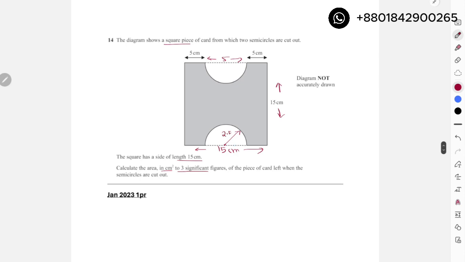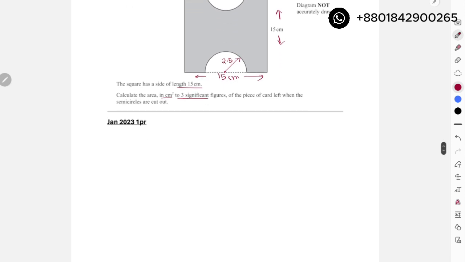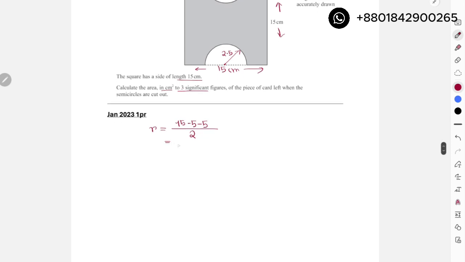So I can find the radius this way: the radius is half of the diameter. We find the diameter by subtracting the 2.5 from the total length 15 and dividing by 2, and that leaves you with 2.5 centimeters.